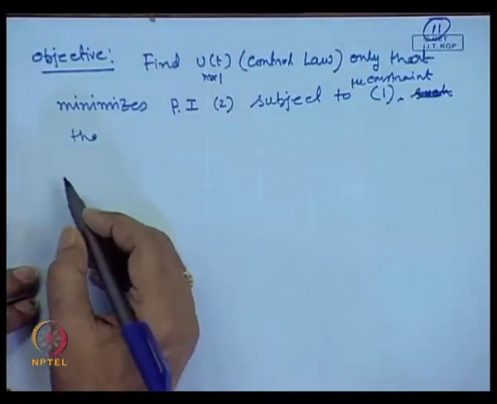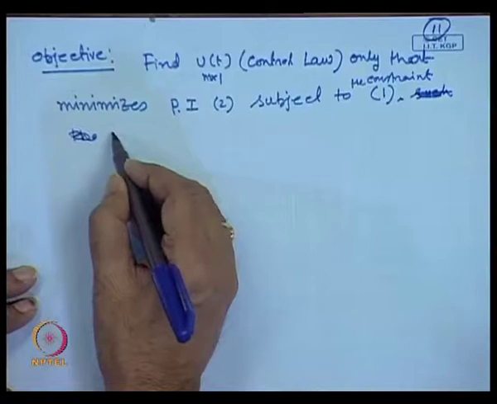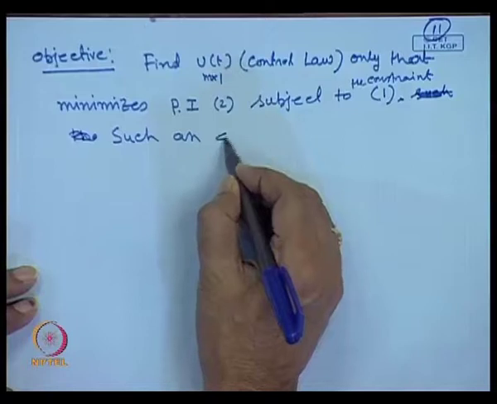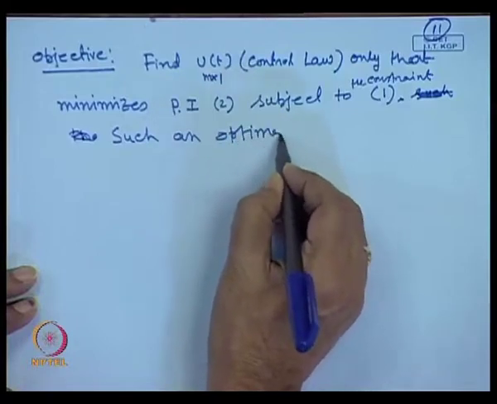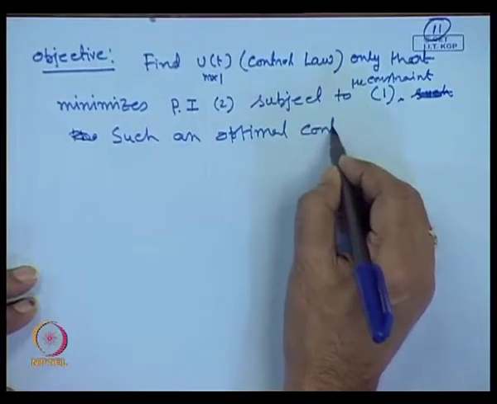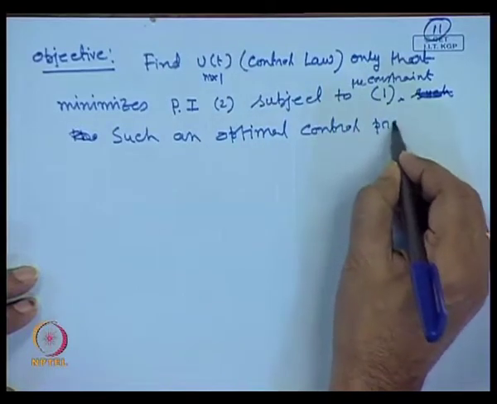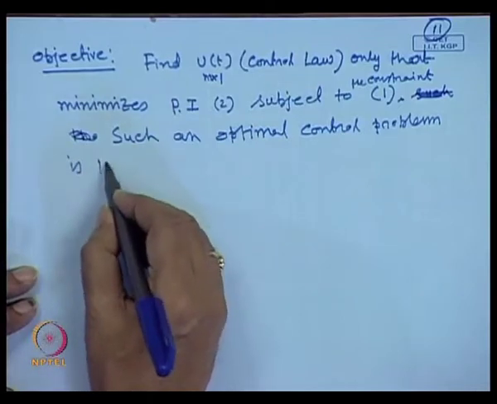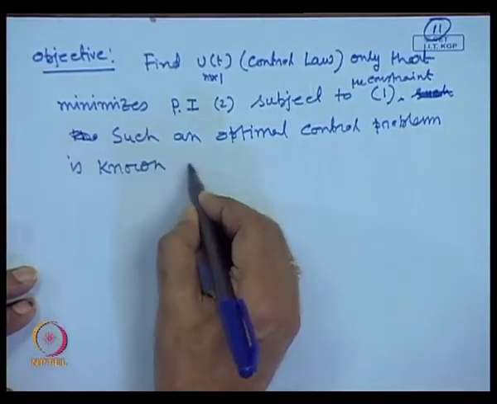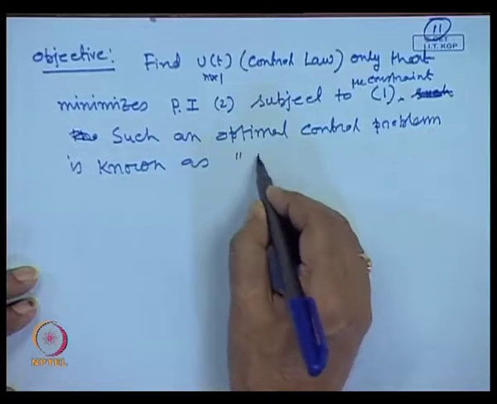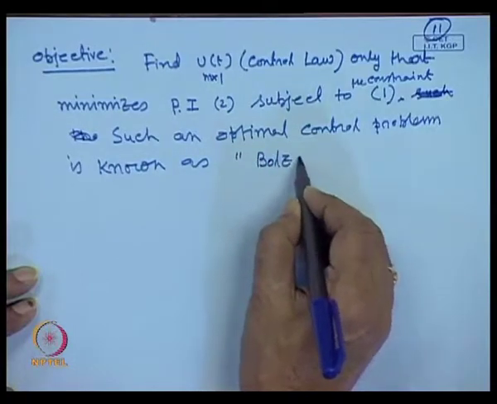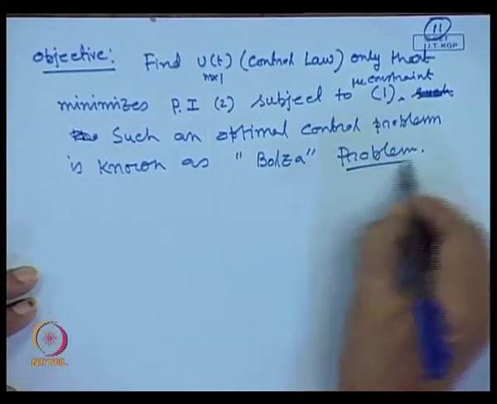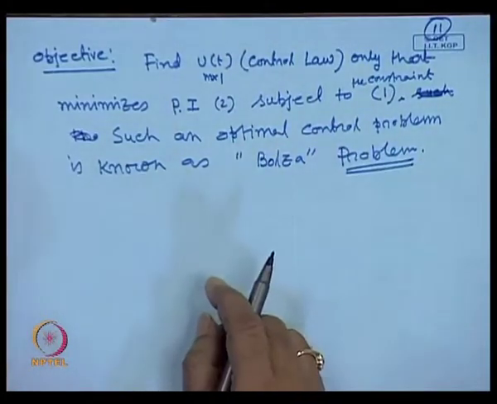This type of optimal control problem is known as the Bolza problem. So, this is our problem.